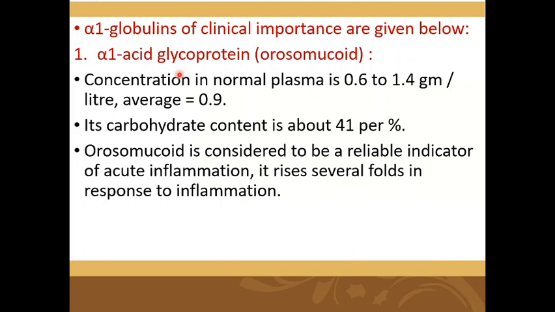Carbohydrate and protein are combined together, so the carbohydrate content is 47%, and it is considered to be a reliable indicator of acute inflammation. It rises several folds in response to inflammation. Whenever there is inflammation, this protein, alpha 1 acid glycoprotein Orosomucoid, will be raised.